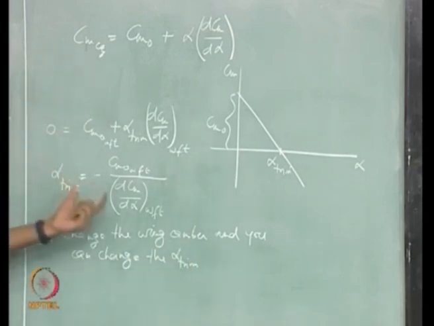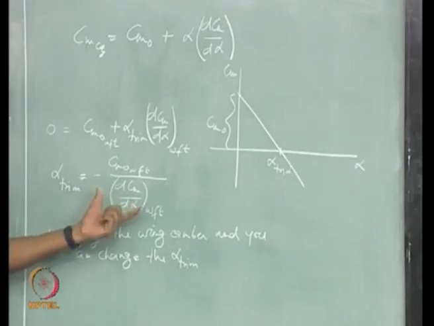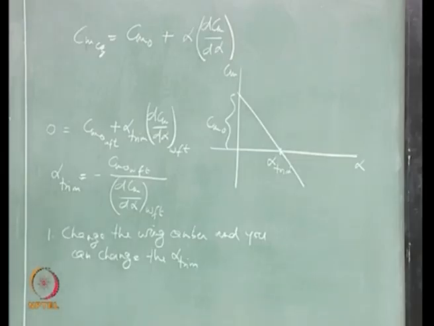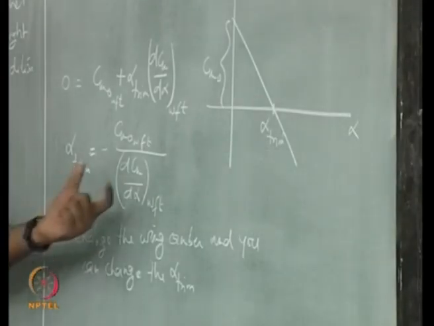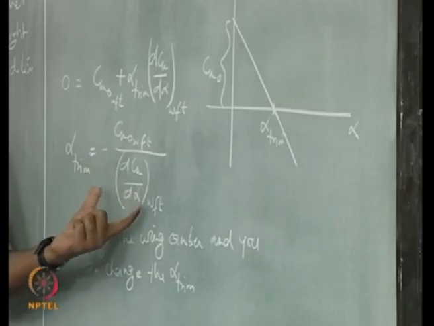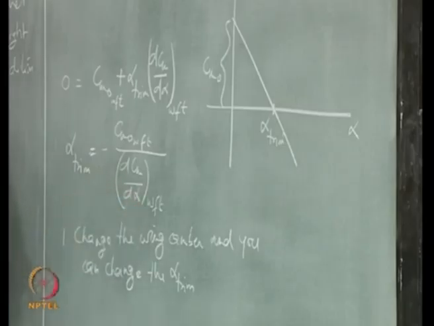okay, it would be wrong to say that it will not have any effect on the stability, because when you are changing the wing camber, you are going to disturb the flow field behind the wing, right, and through the downwash this stability is going to get affected, right.